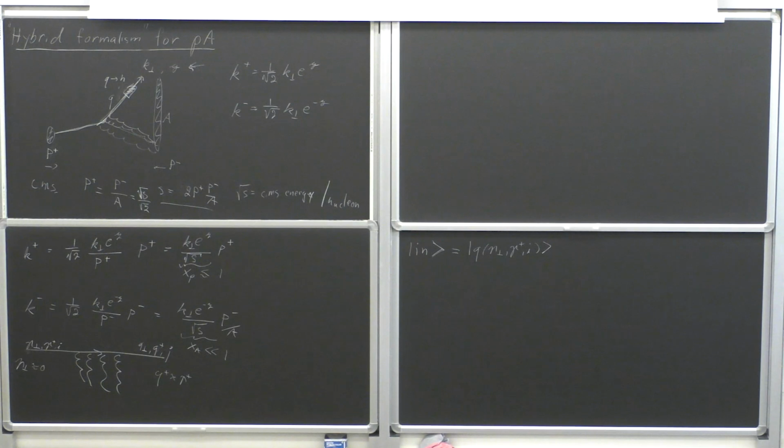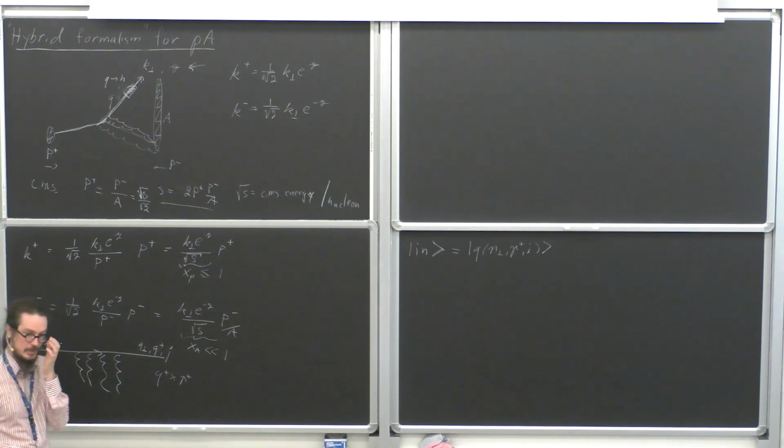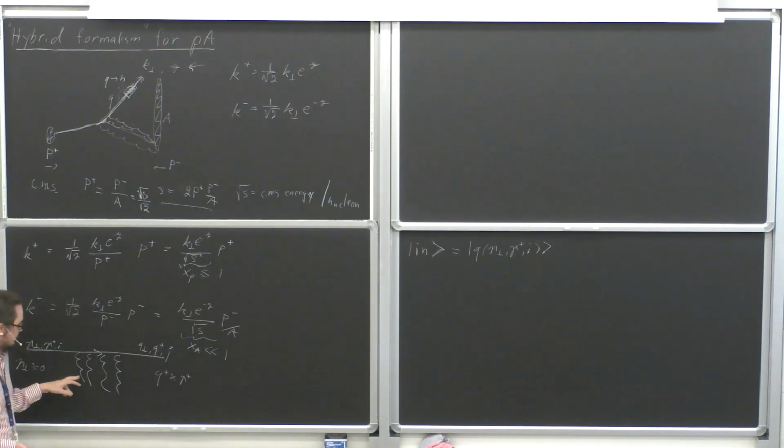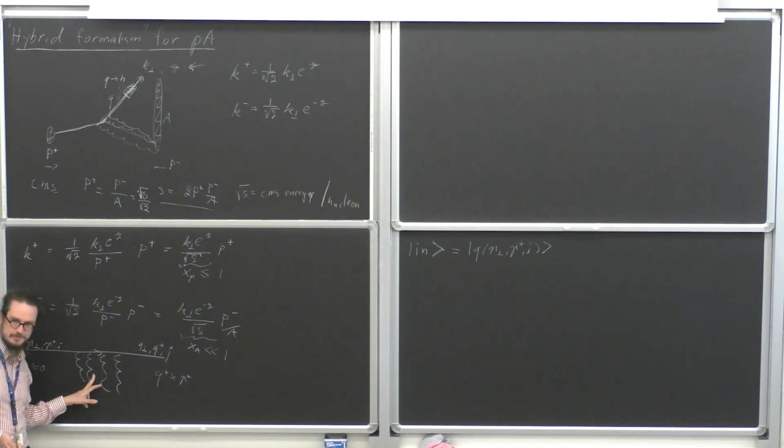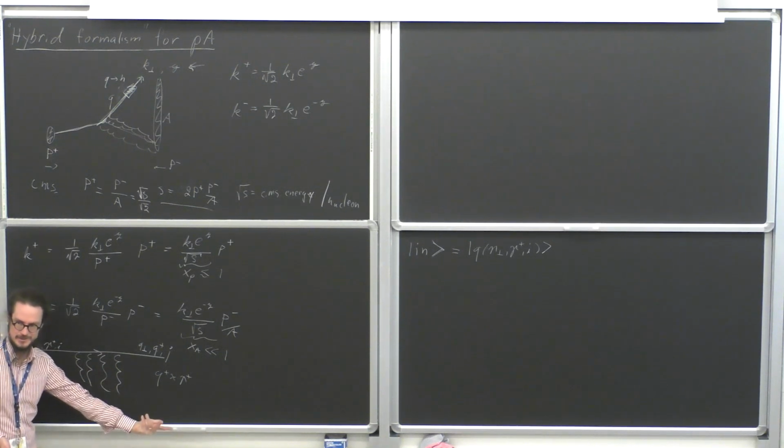This is related to what we were discussing 2 days ago, that no plus momentum in the target means that this color field does not depend on X minus. The plus momentum is the conjugate to X minus. Right?